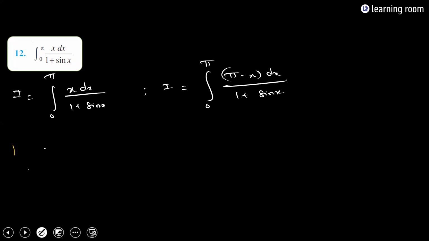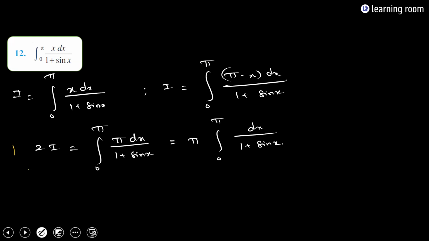So when I add both, I'll get 2I is equal to integral of 0 to pi. x plus pi minus x will be pi. So pi dx divided by 1 plus sin x. So this will be equal to pi into integral of 0 to pi dx divided by 1 plus sin x. Correct?